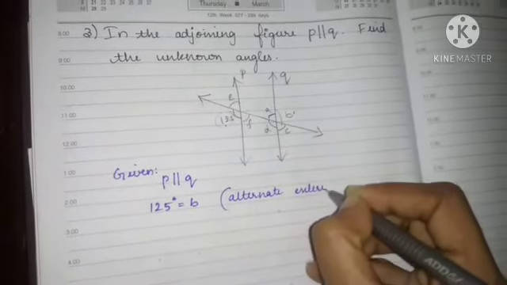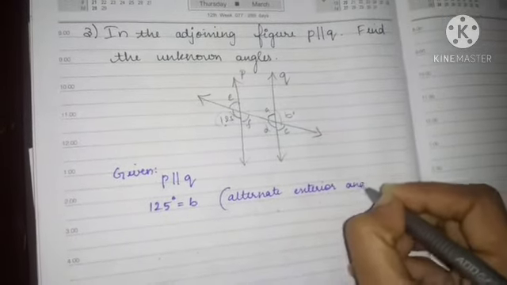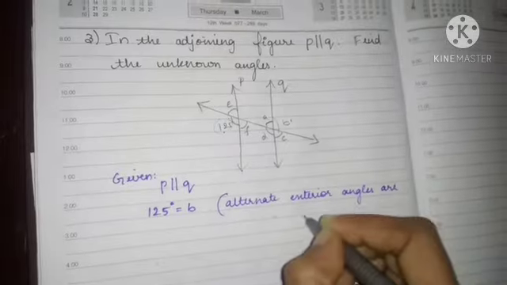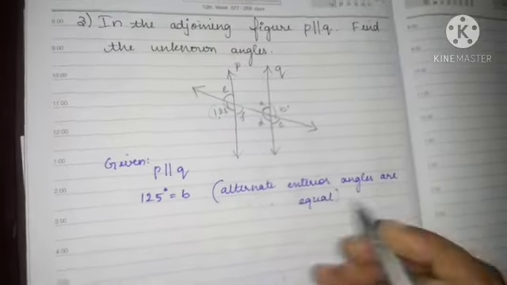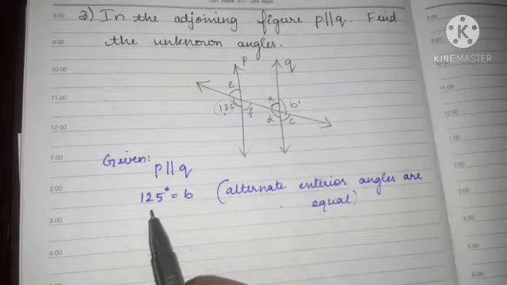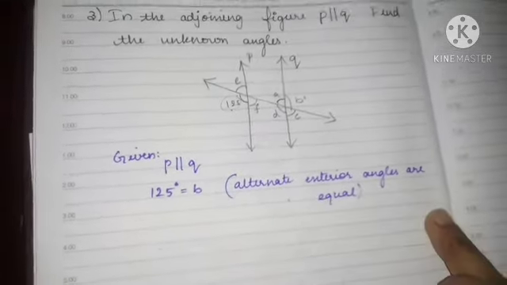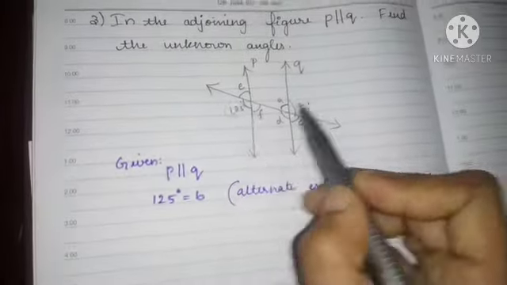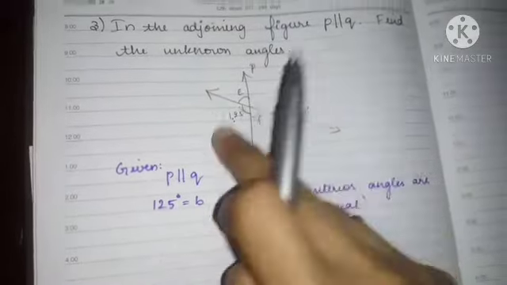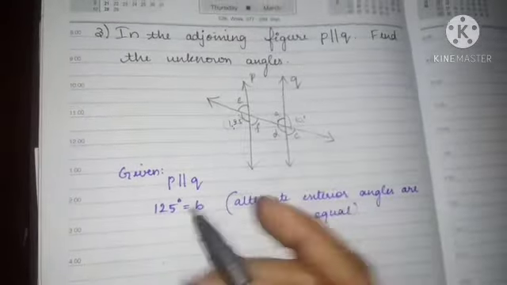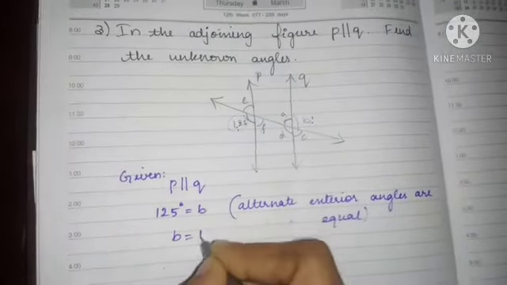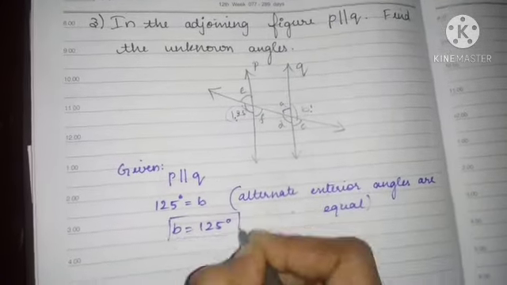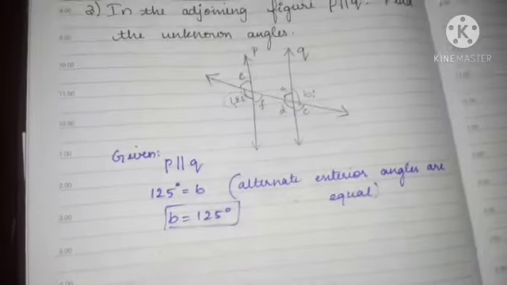Whenever you are writing that these two are equal, you should write the property by which you are writing it. This 125 degrees and B are exterior angles, that too alternate exterior angles. So we got the value of B as 125 degrees.